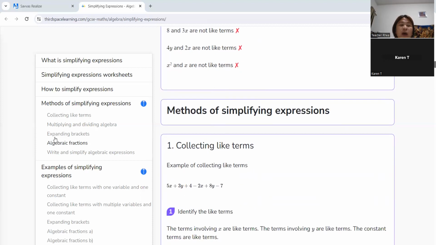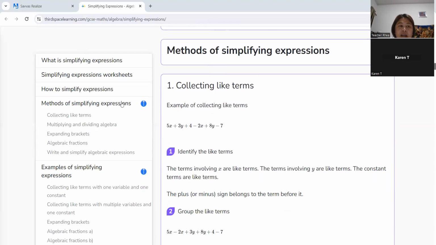So how do we simplify algebraic expressions? These are the steps in simplifying algebraic expressions. The first step is to collect like terms. Collect all like terms in the expression.